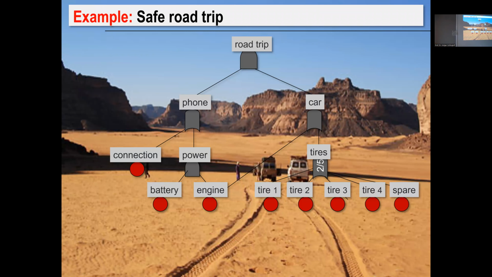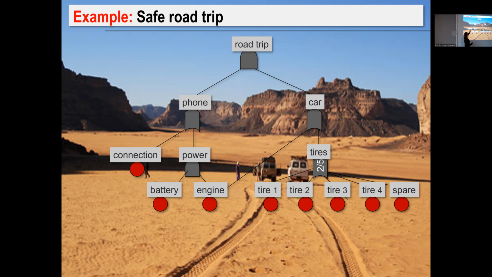But let's go to an example, and this is one of my favorite examples, where you go on a road trip, and as a preventive measure, you take your phone. So your road trip fails if both your phone fails and your car fails, which is indicated by this AND gate here. Well, your phone can fail for several reasons. I listed two here.